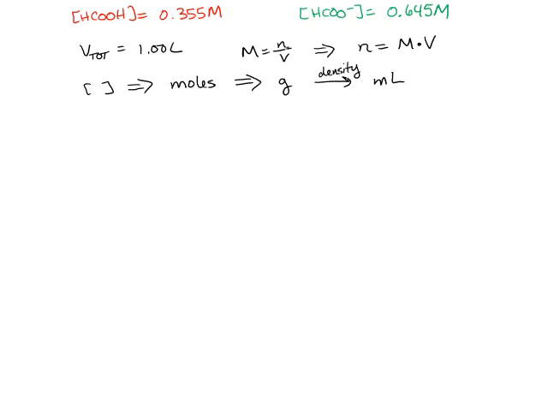Let's start with the formic acid. We want 0.355 moles of formic acid per liter. We're going to be making 1 liter of buffer. And we know that formic acid has a molar mass of 46.03 grams per mole.